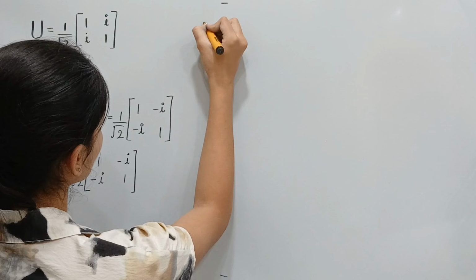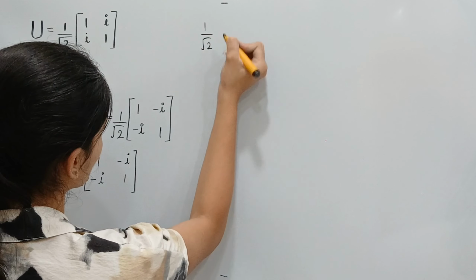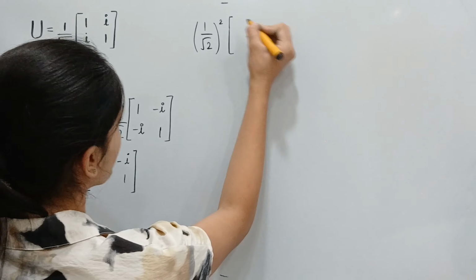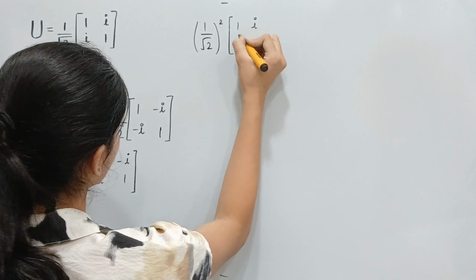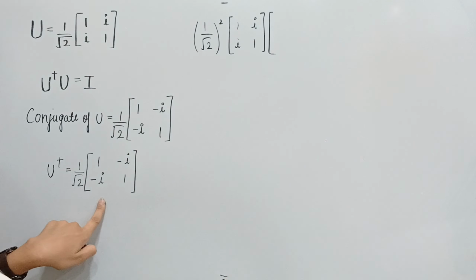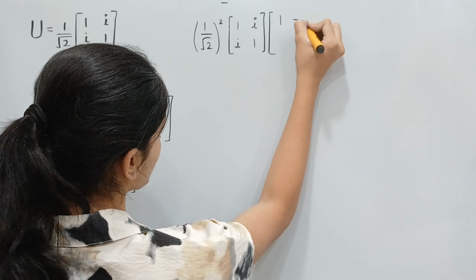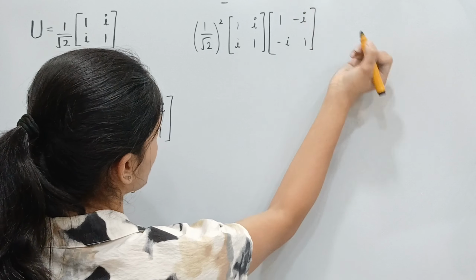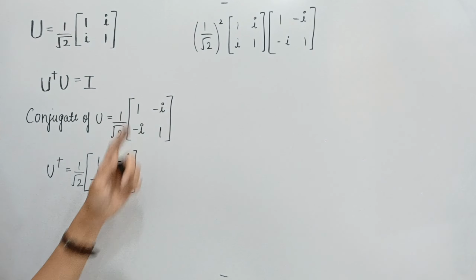Therefore, 1 by root 2 square into 1 I into this 1 minus I and 1. Now we have to solve this.